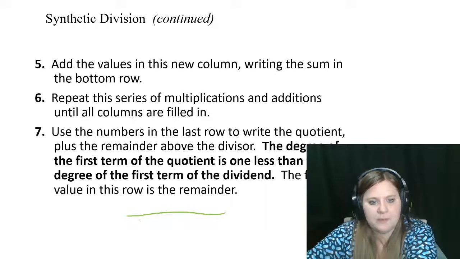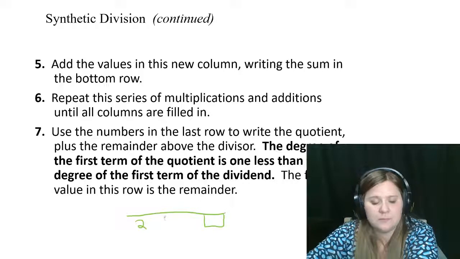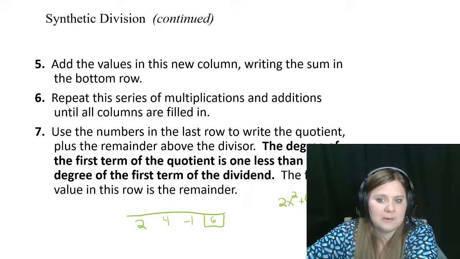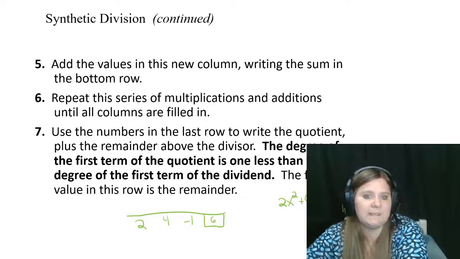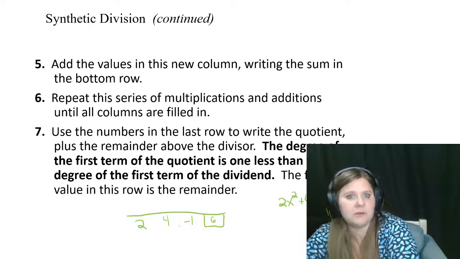So for example, let's say I had 2, 4, and -1, and then I had a 6. And that tells me my answer is 2x squared plus 4x minus 1. And then it would be 6 over whatever I was originally divided by. So your last number is the remainder. The rest of the numbers are your coefficients.